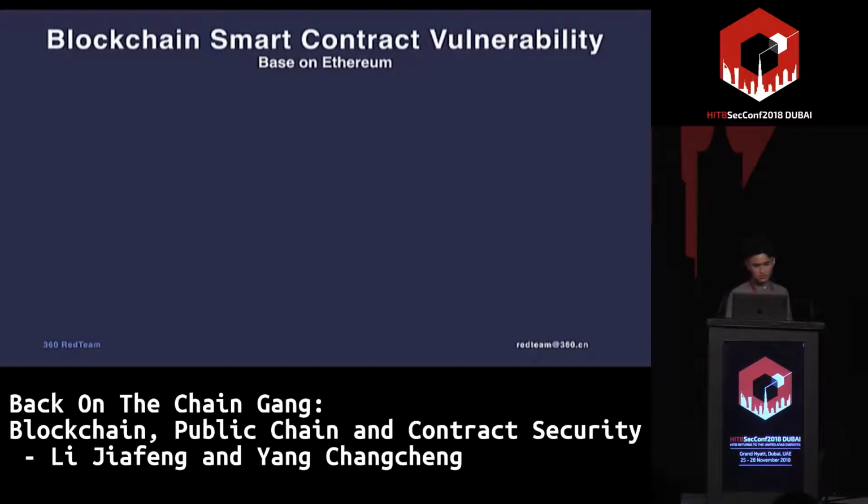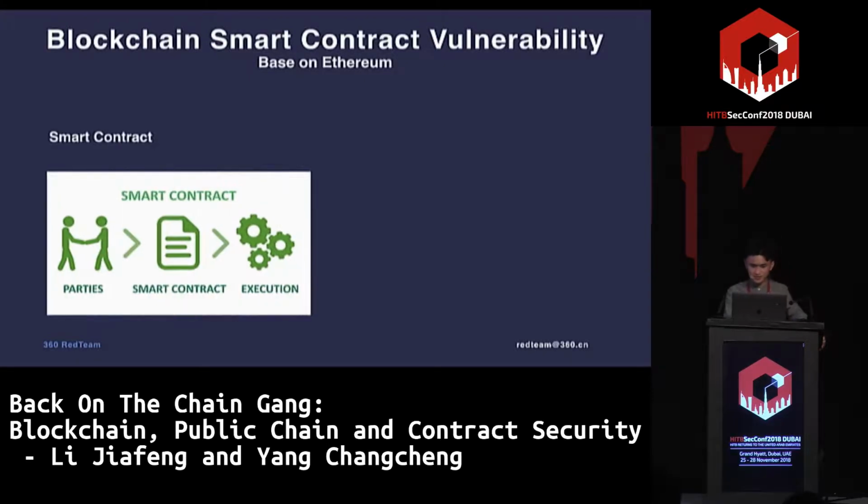First, we need to know what a smart contract is. People create smart contracts every day, and the most used language is Solidity. This is for Ethereum, and it is very much like the JavaScript language. So if you are a programmer, it's not difficult.